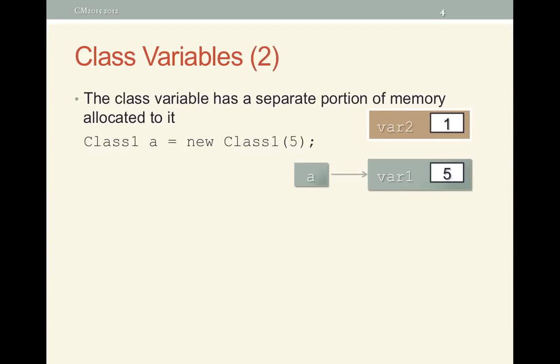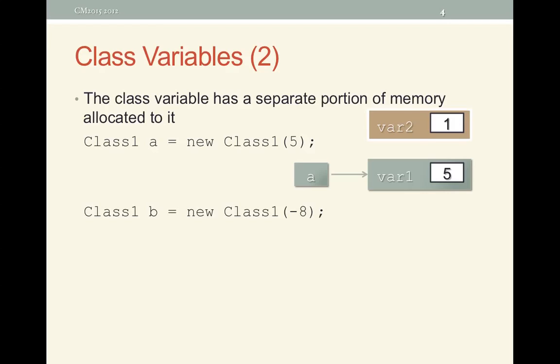Now we can represent that with the following little diagram. Creating A creates a part of memory to store the object, but also there's a common part of memory that A can reference where the class variable is stored, and that's set to 1 because we've added 1 onto var2 when we created a new version of Class1.